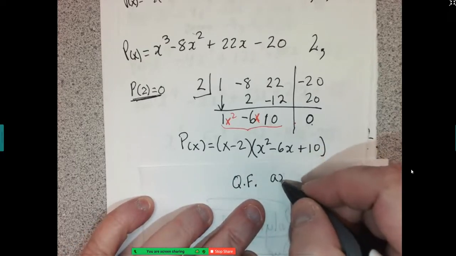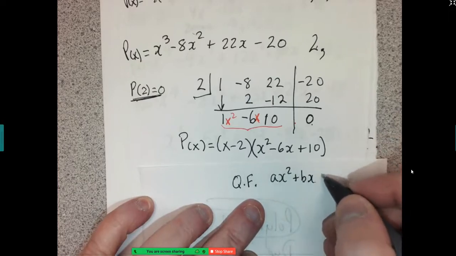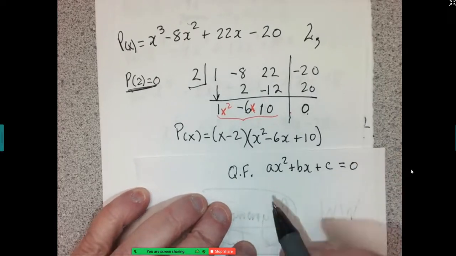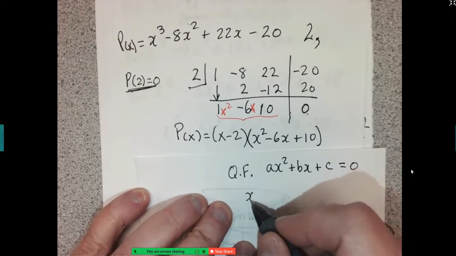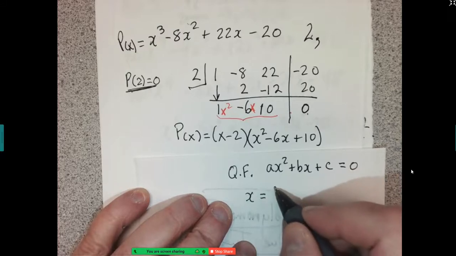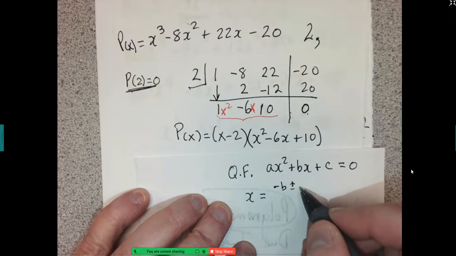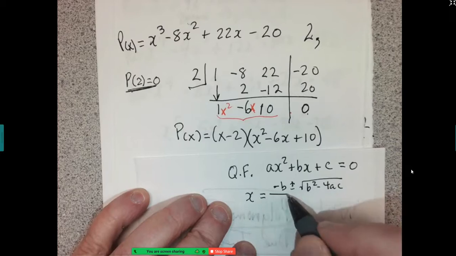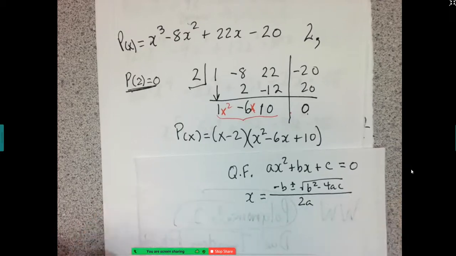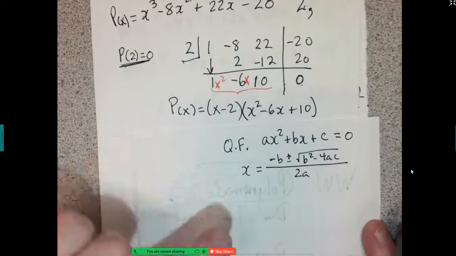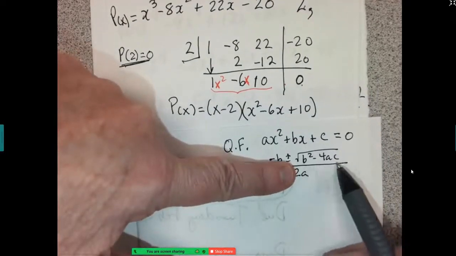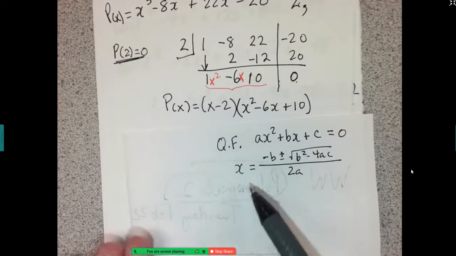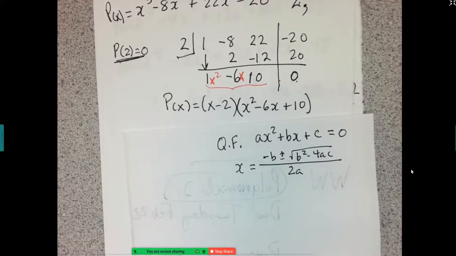So if I have this generalized form of a quadratic equation, and I want to solve that, in other words, find the zeros, then the solutions are going to be a fraction, negative b, plus or minus the square root of b squared minus 4ac, and this is really important, all over 2a. So often I'll look at students' work and I'll see that they only put the fraction part over the square root, and they had this out the front, and that's not correct. The whole thing goes over 2 times a.